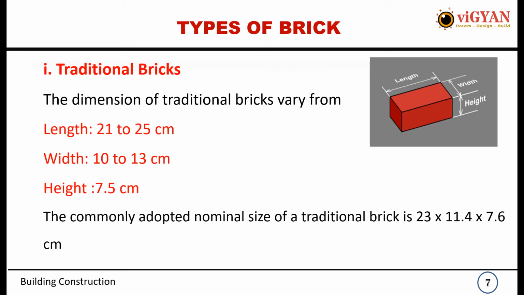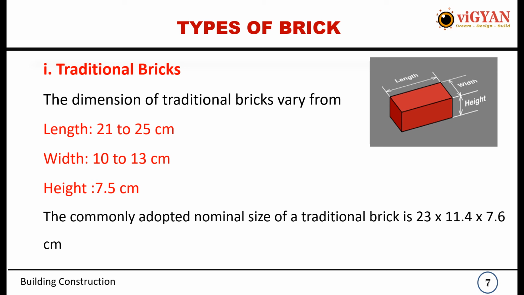We can categorize bricks into two types. Traditional bricks are the bricks which are used or in practice in different parts or regions of the country. They have different sizes in different regions. Their length may vary between 25 to 21 centimeter, width 13 to 10 centimeter, and height 7.5 centimeter. This creates a problem in analysis or finding out the quantities of the bricks required in construction work.